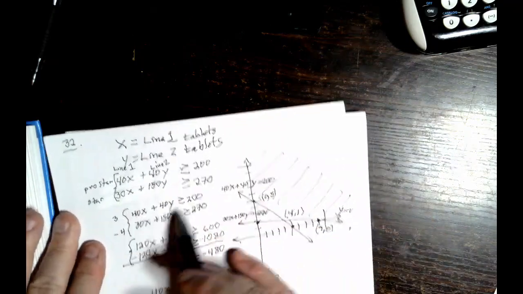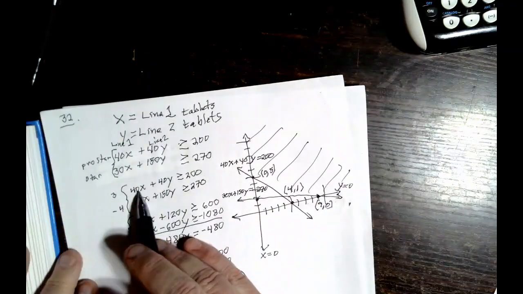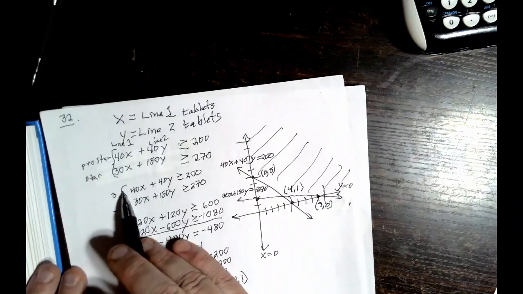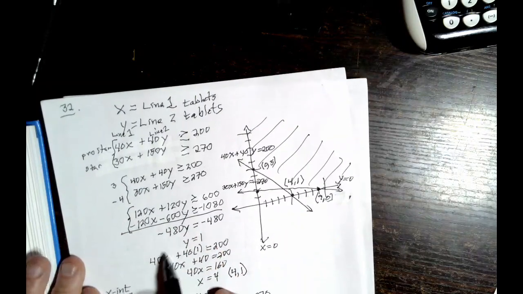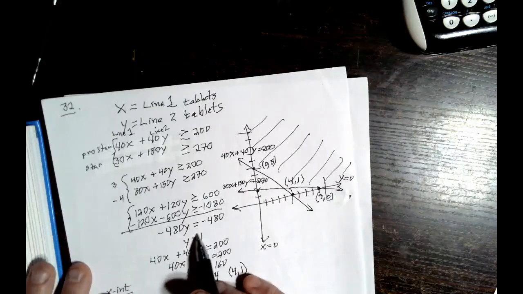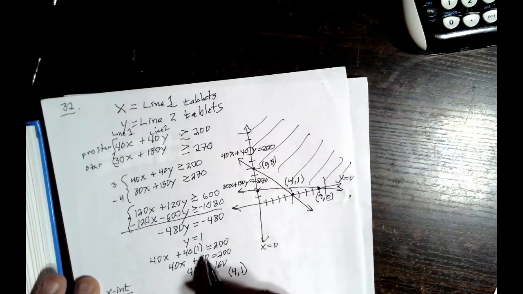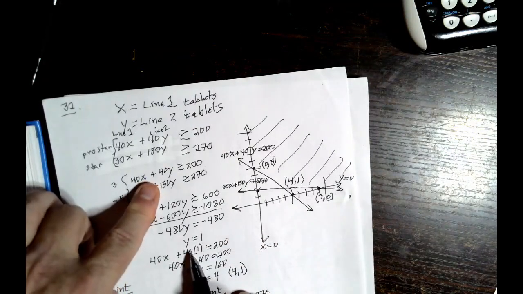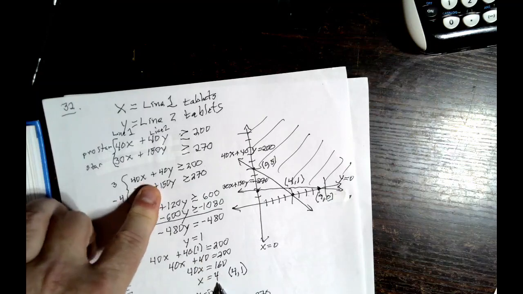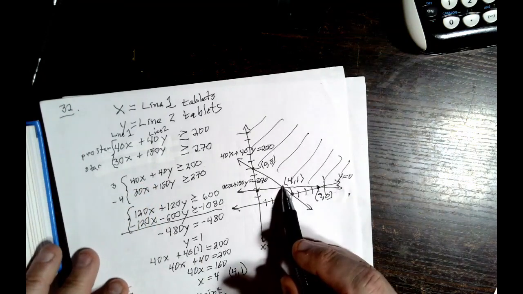When you solve both those, I multiplied this one by 3 and this one by -4 to give me 120 and -120. Then I divided by -480 and I get y is 1. I plug that back into the first equation and I can figure out x equals 4. So (4, 1) right there.